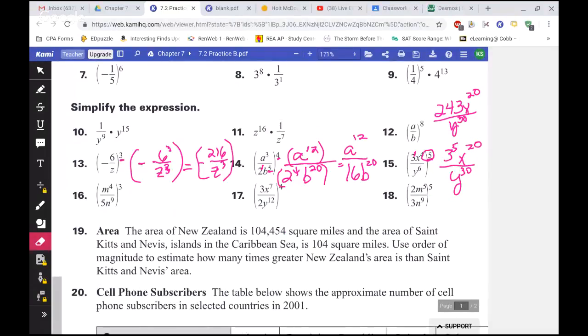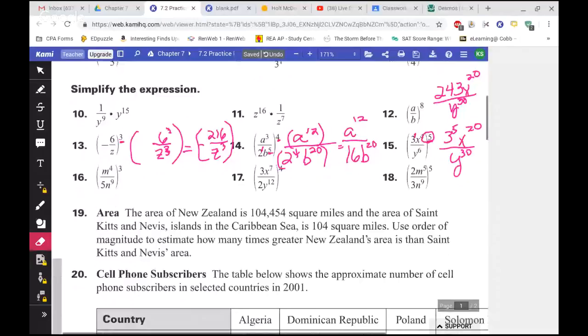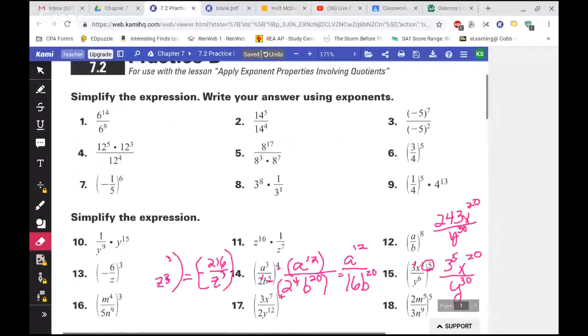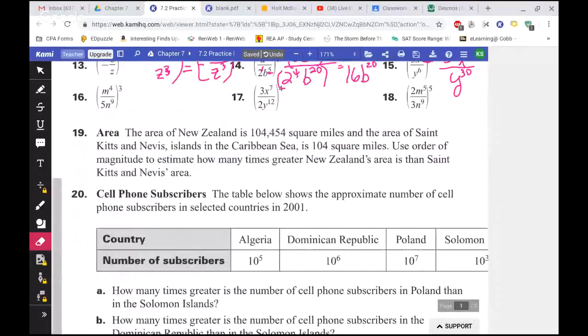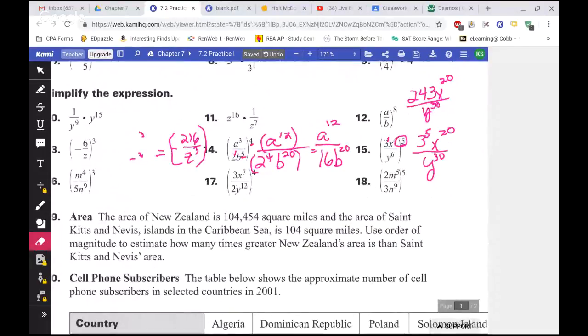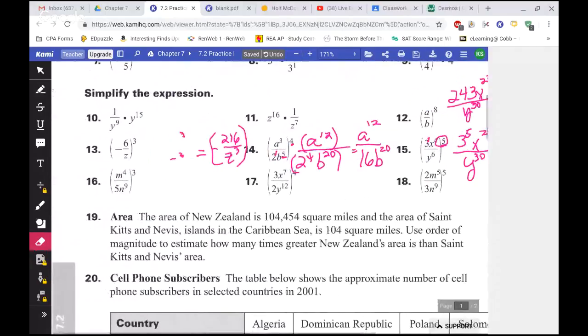Okay. Number 16. Well, my goodness. So that 3 gets distributed to what? Anybody know the answer?